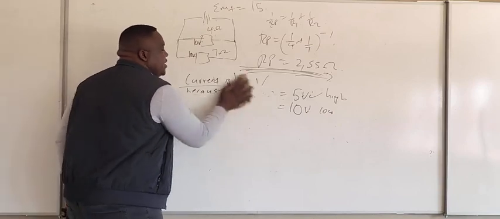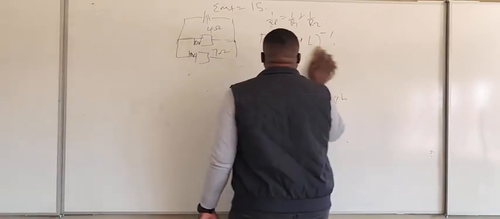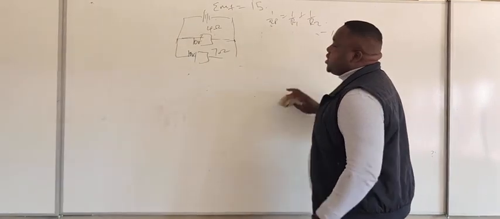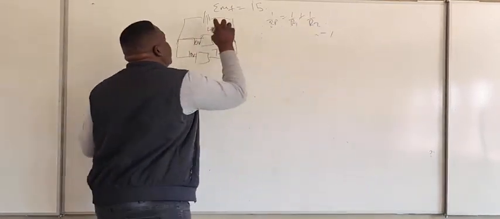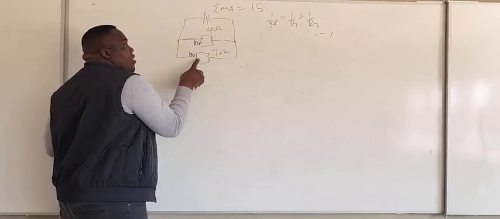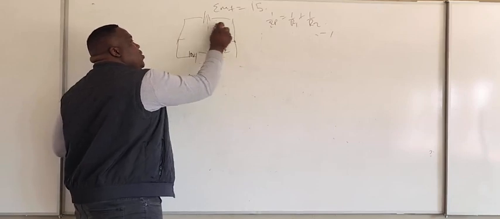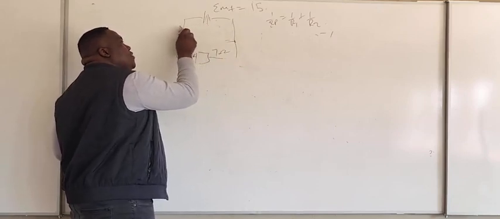Let's see. They say that one resistor is removed. We remove which resistor? The 4 ohms. You see, we had the parallel, and when we had the parallel, we had the resistance of 2.55. Then we remove one resistor.